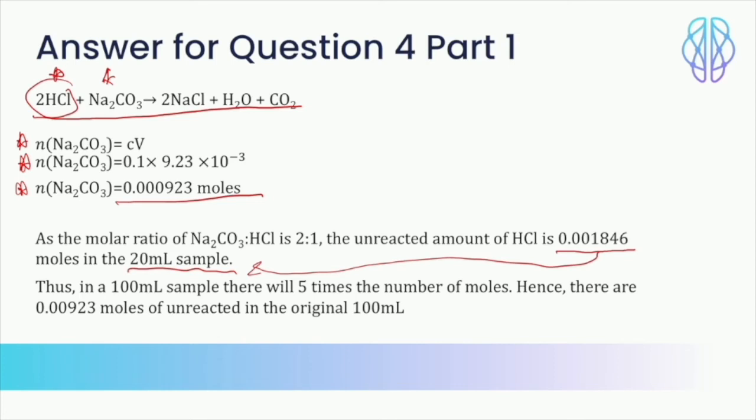So we took a fifth of the moles. To find the original number of moles in that 100 milliliter solution, we multiply the amount in the 20 milliliter sample by 5. And that will give us 0.00923 moles. These two are not the same number, just to make sure. And that is the amount of HCl that remained unreacted after we added the excess. Exactly 0.00923 moles.